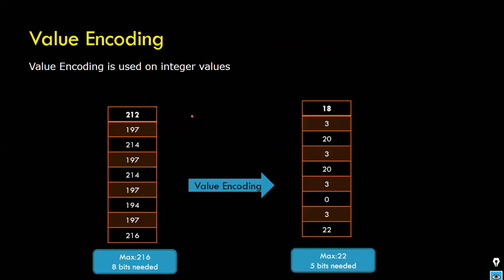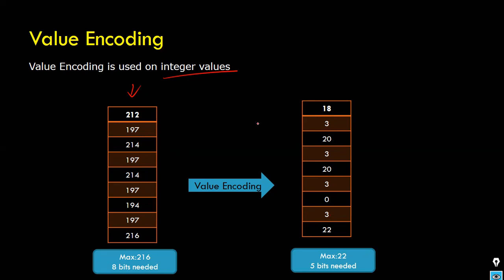Look here. In the case of value encoding, as I told you earlier, it is used on integer values. This is my original data here. What happens is the value encoding transforms this value into this form. If you look here, almost all the numbers are 2 digits, but a few values are single digit.